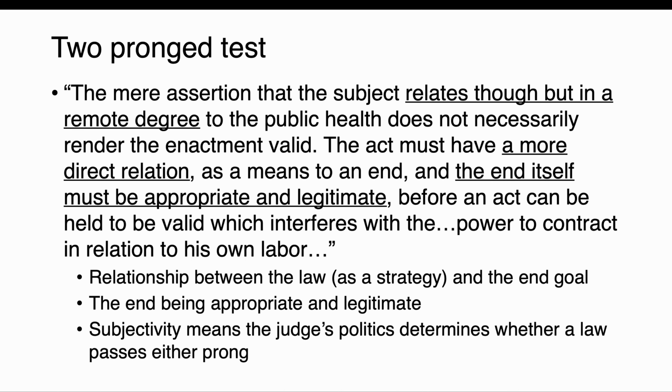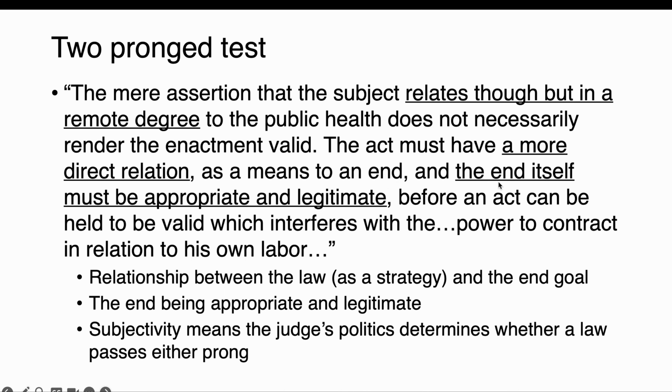And here's if you want to critique this test, it's pretty subjective, right? He's trying to show that you need a good reason more than just saying that, oh, it kind of sort of helps. You need to prove your case, if you're the government, a little more strongly than that the law does accomplish a goal. And the way you do that is to prove that there's a direct relationship between how the law works and achieving an end goal.